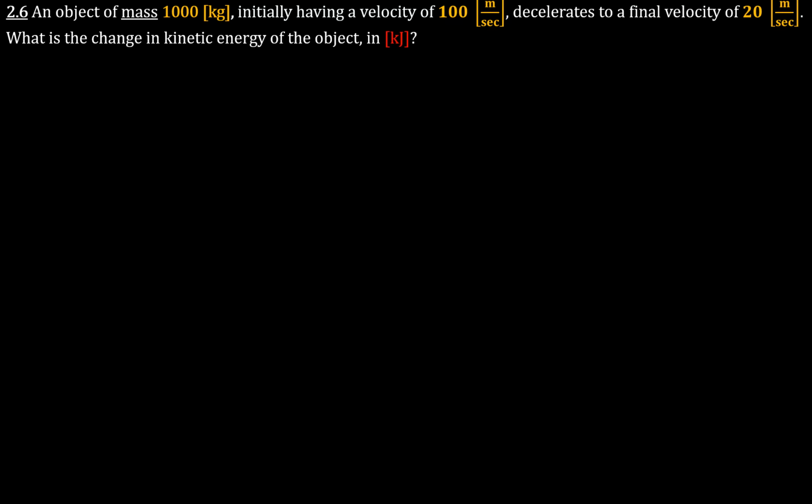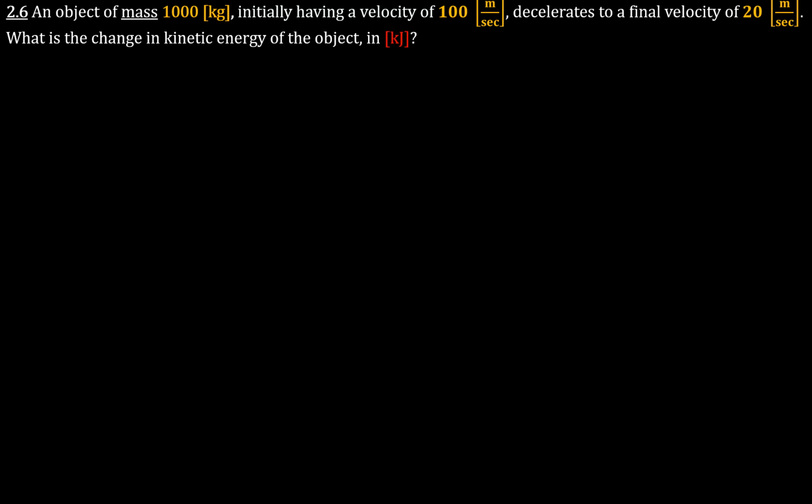Now, before we write down what's given and what we need to find, in this problem we are told that the initial velocity is 100 meters per second. This object decelerates and the velocity decreases, so the kinetic energy is lost.